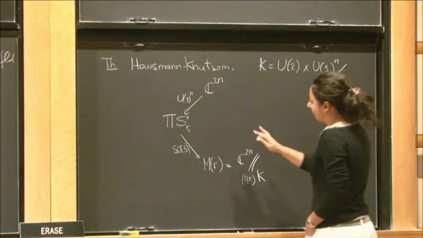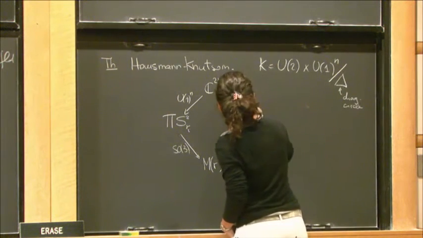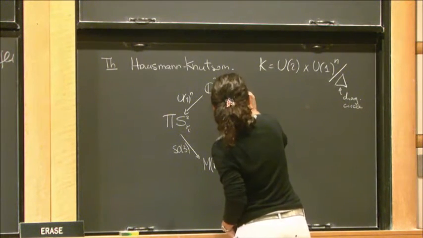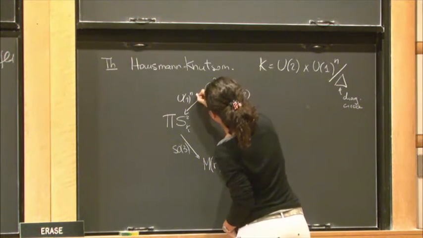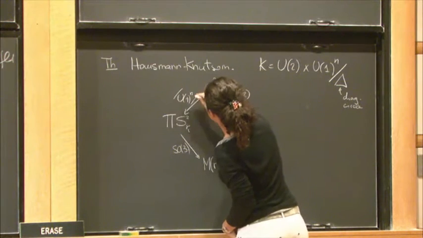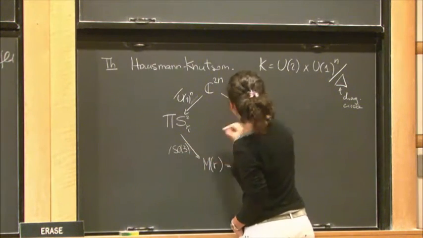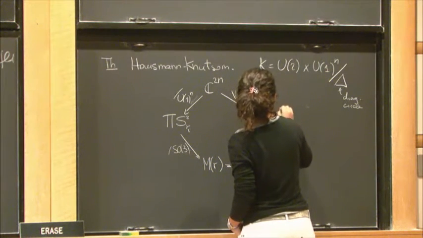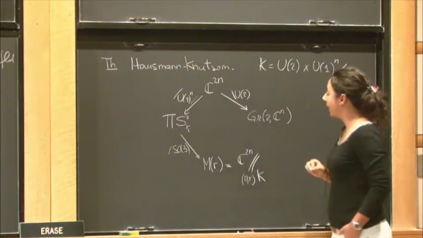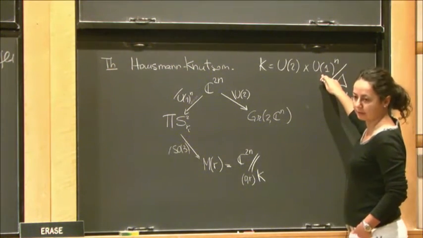But we can also perform the symplectic reduction the other way around. If we consider the quotient by U2, maybe I will put a quotient sign, then we have the Grassmannian of two planes in C^n, on which we have a residual U1^n action.